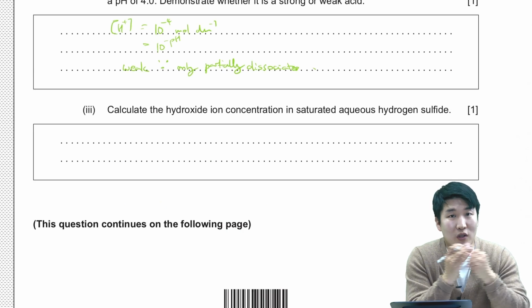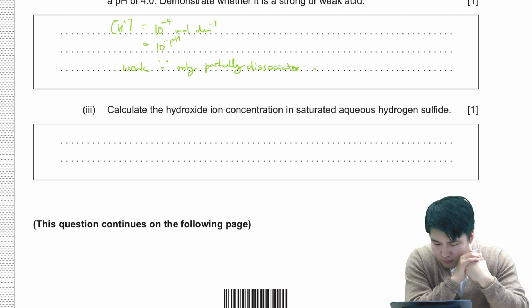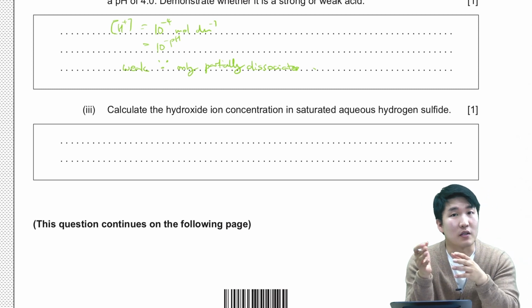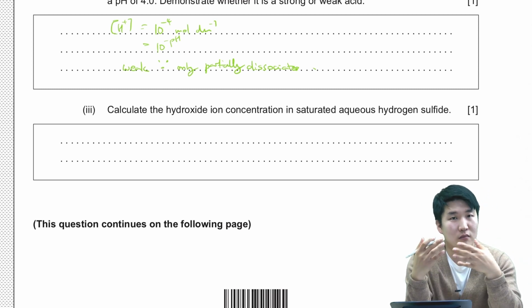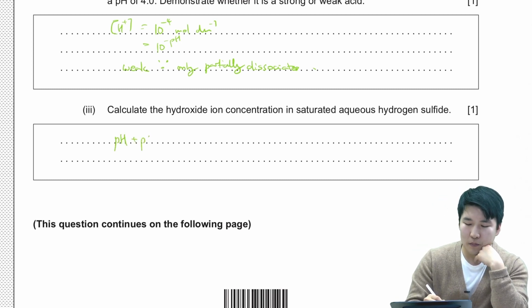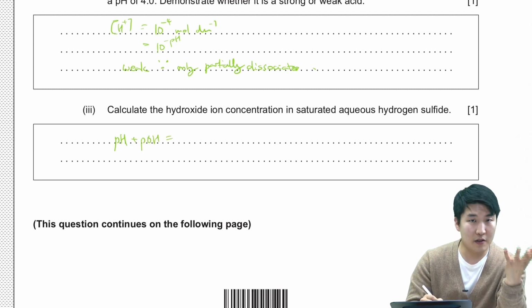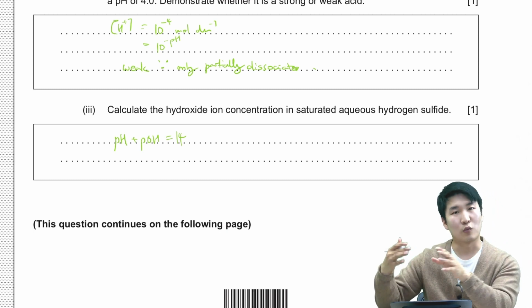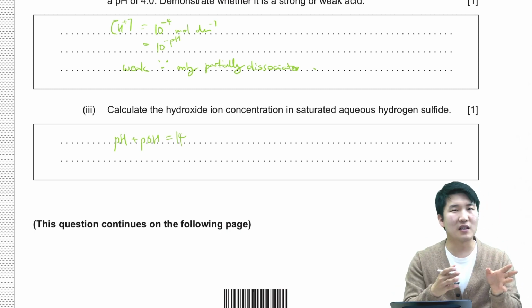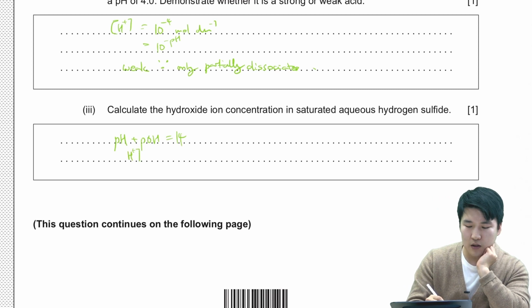If we are to calculate the hydroxide ion concentration, we need to think about the relationship between H+ and OH-, with the assumption that we're at room temperature. pH plus pOH equals a number, and this number is specifically 14 at room temperature. This equation can also be represented in other forms: H+ times OH- concentration is 10^-14.